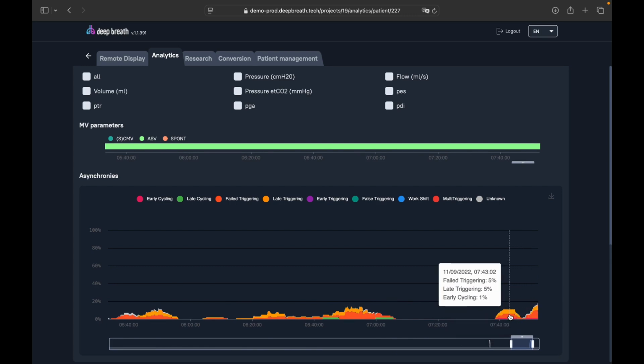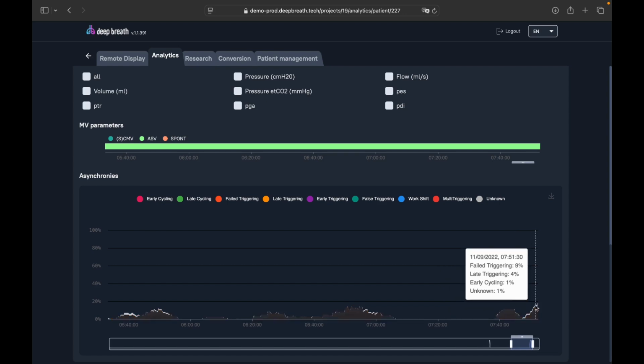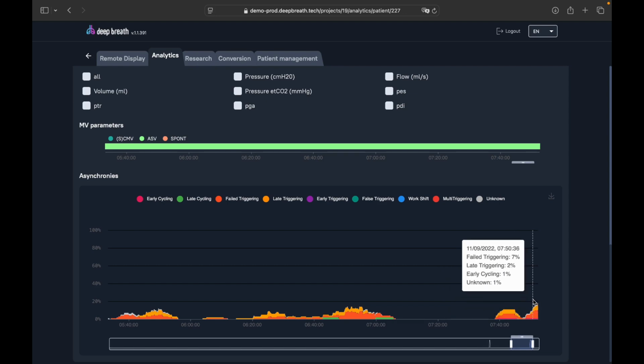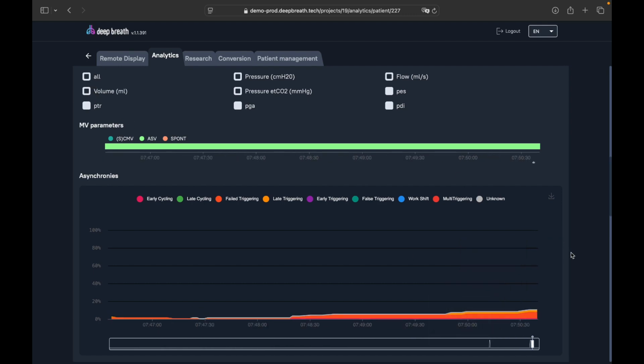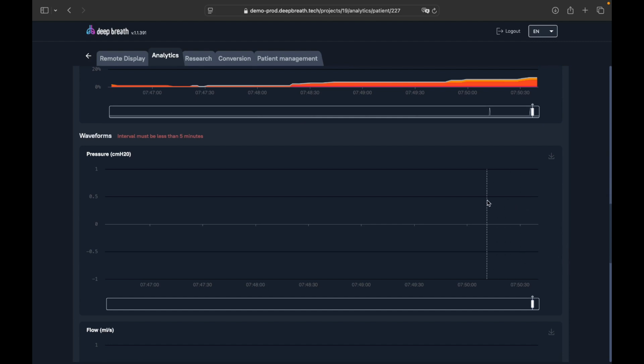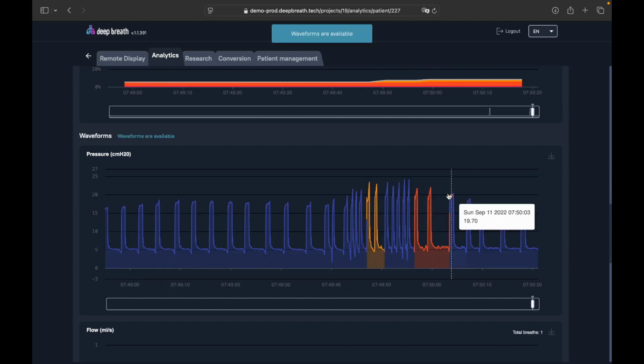We see that in general the ventilator works quite well. Only in the end there were failed triggering and late triggering cycles, around 10%. And as always, we can see how detection was good or not.